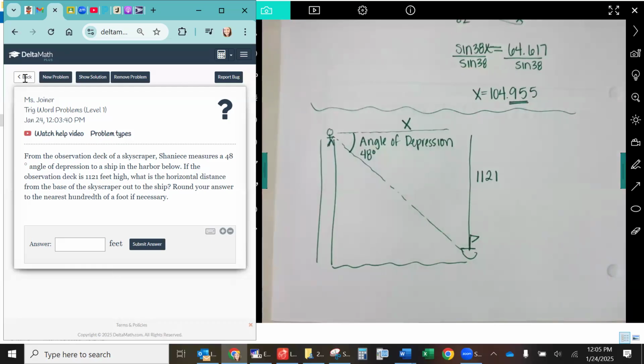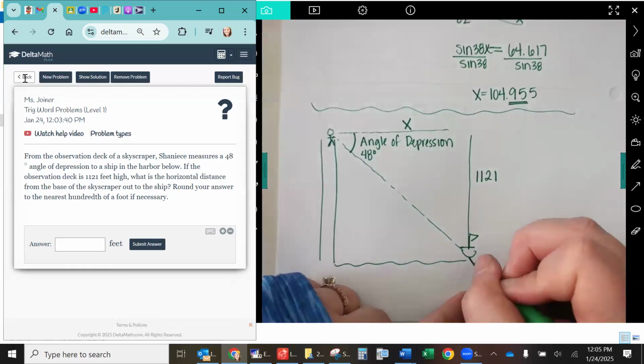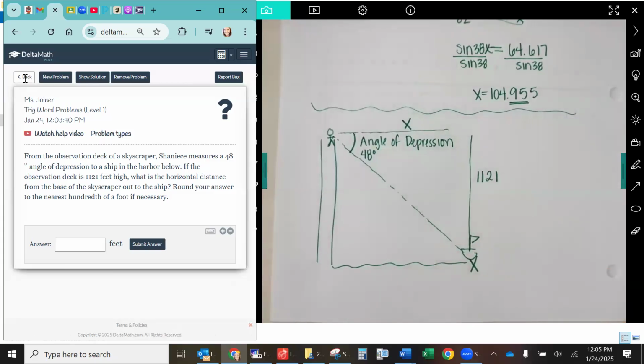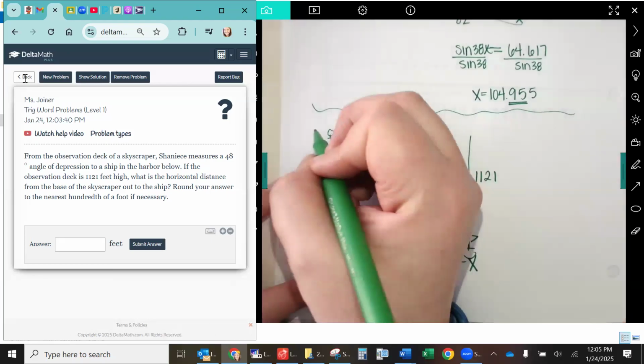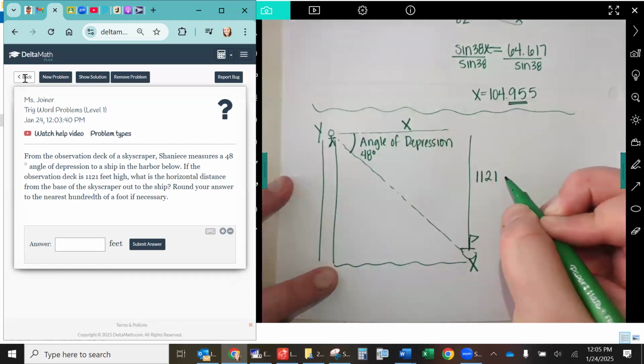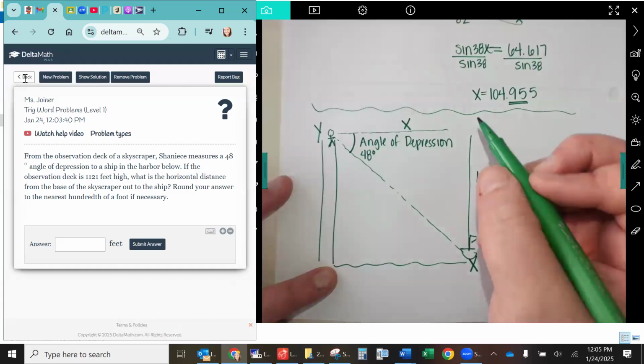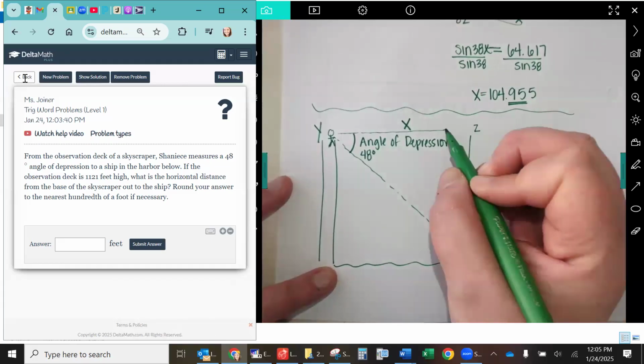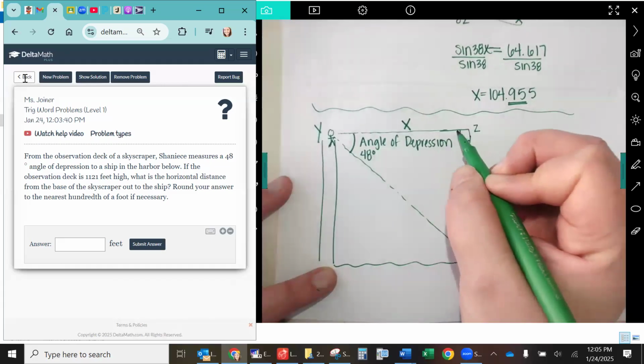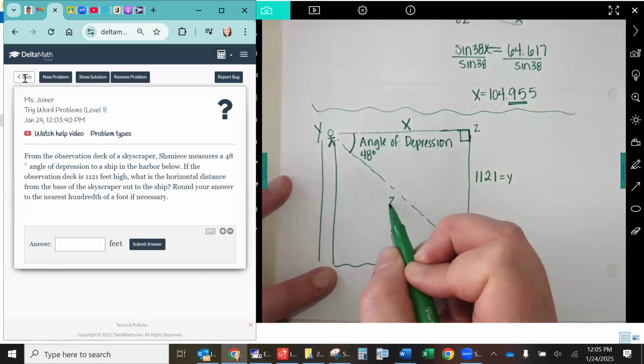All right, let's label some stuff. If that's my X, that means this is capital X because they're across from each other. Let's say that my angle of depression is Y. Then that makes this little y. And then this is my third corner Z, which is my right angle. Then that makes this little z.